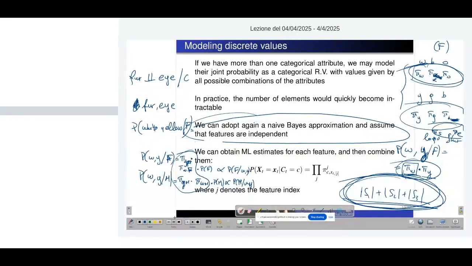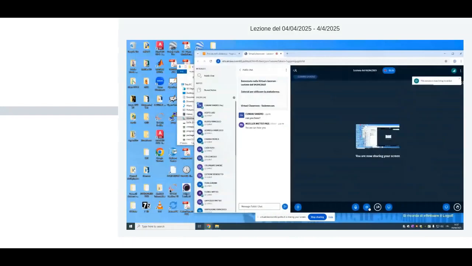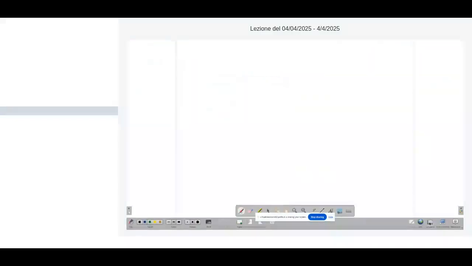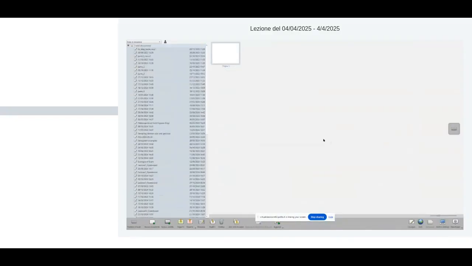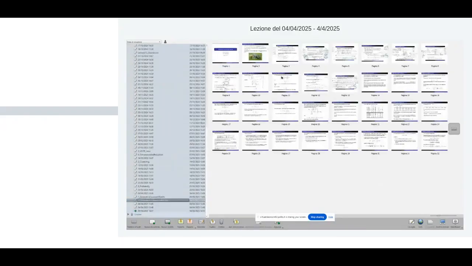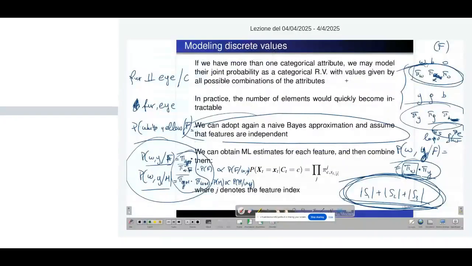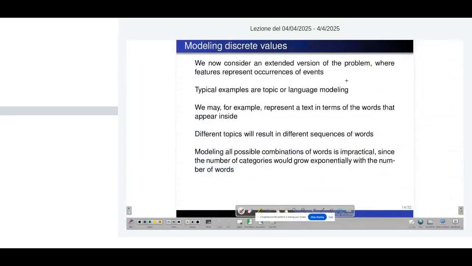So we can make inference, and in this case, when we need to compute the class conditional likelihood for our test sample, we will use the product over the features of the parameters that describe each feature independently. Okay, questions up to here?